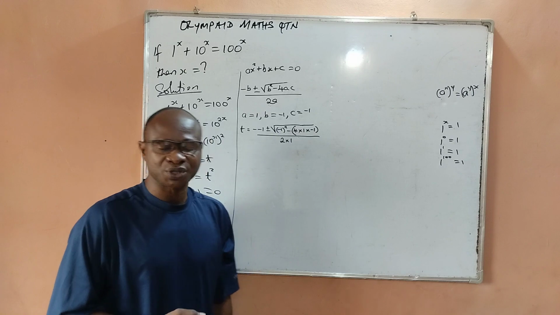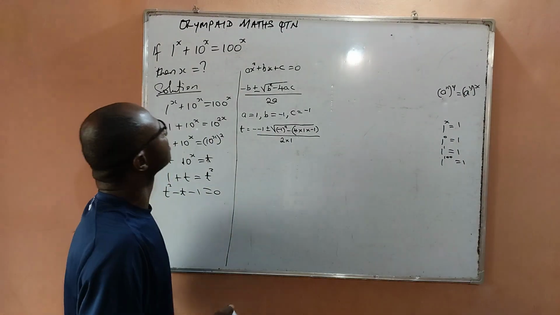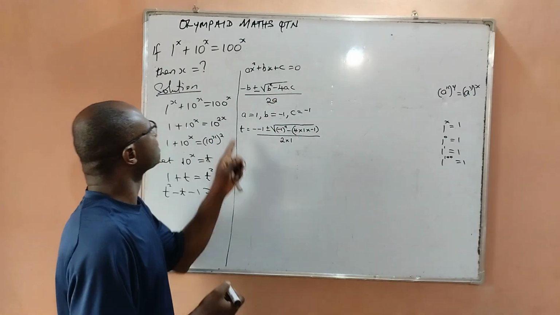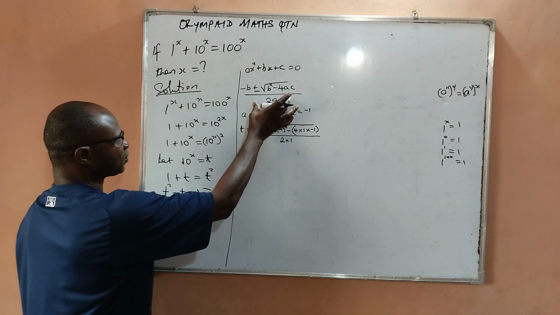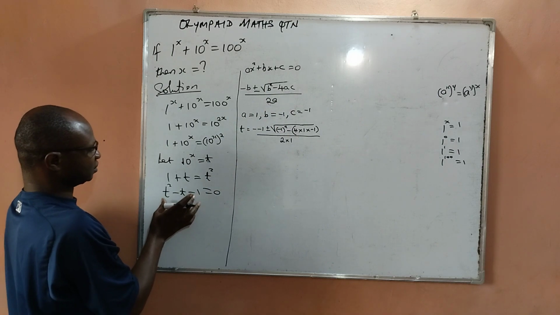I have now substituted the values of a, b, and c into the quadratic formula in order to find the actual value of t.